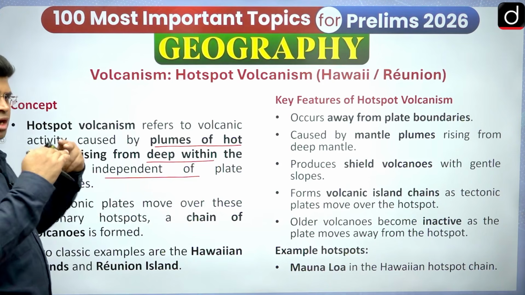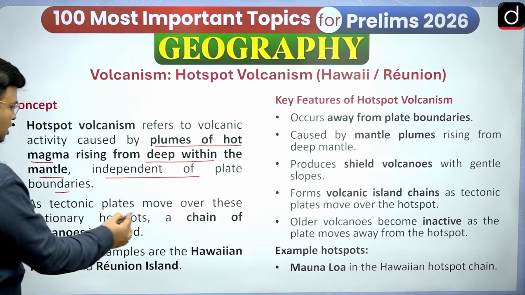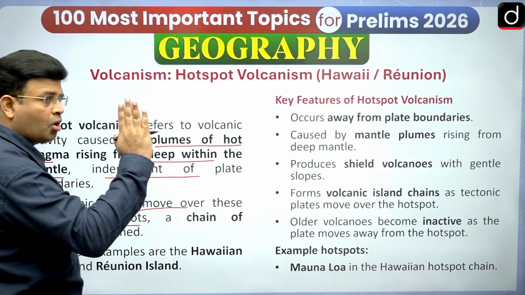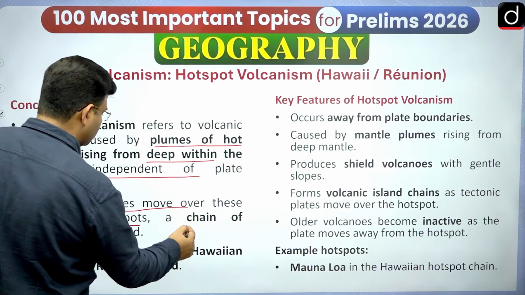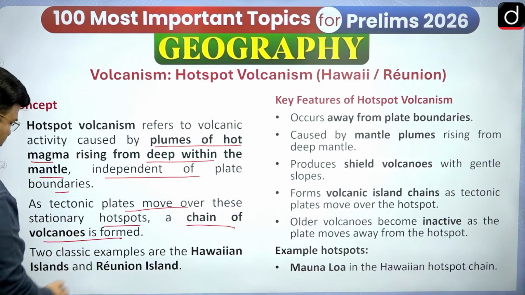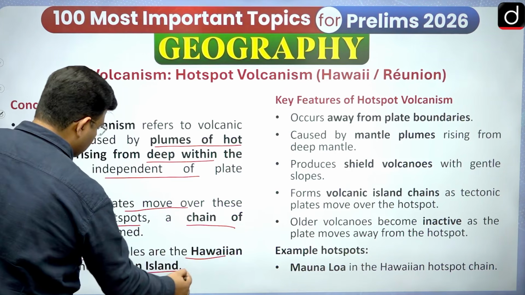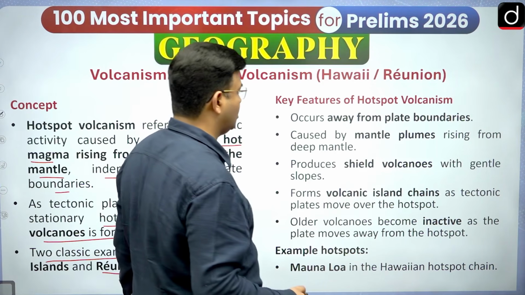There is no convergent or divergent boundary; it is happening in the intraplate. As tectonic plates move over this stationary hotspot, which is always fixed, a chain of volcanoes is formed. The two classic examples are Hawaiian and Reunion hotspots or volcanic islands.